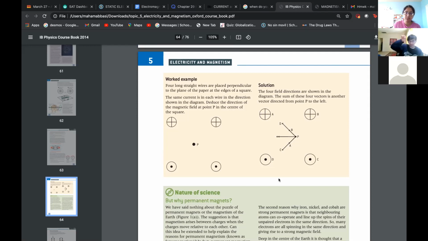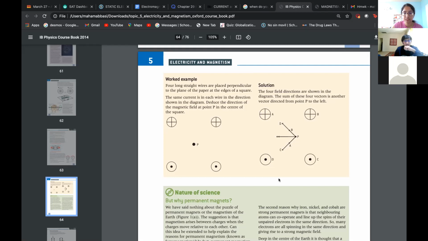The current is going into the page at the top left corner, so you curl your fingers around it. It says the field pointing towards A is going away from the dot, which makes sense, because if the current is going into the page, then it would point up like that.